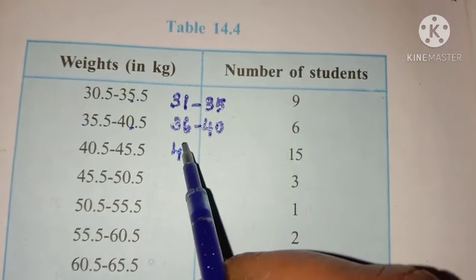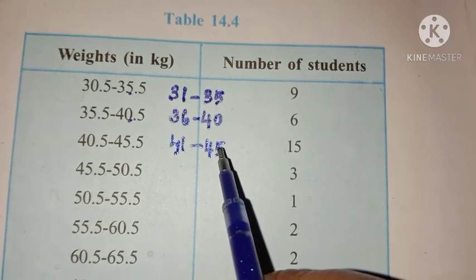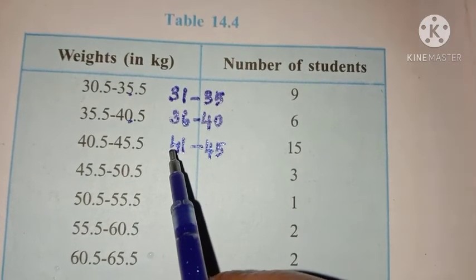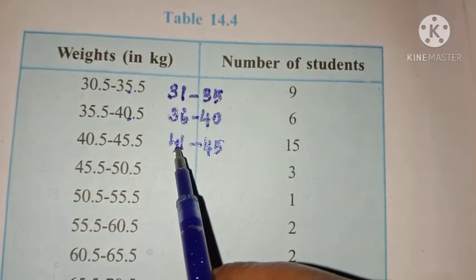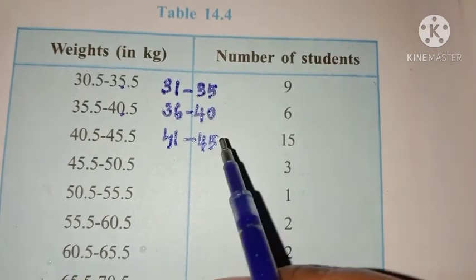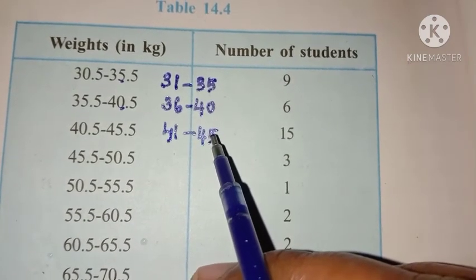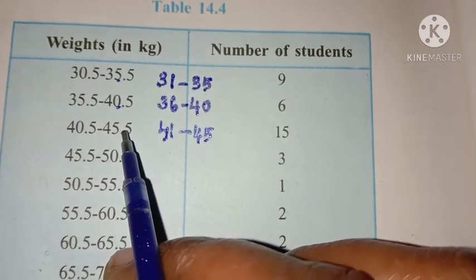The next class before was 41 to 45. Subtracting 0.5, 41 minus 0.5 is 40.5. Adding 0.5 to the upper limit, 45 plus 0.5 is 45.5.